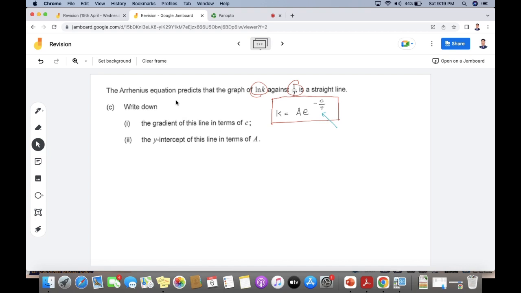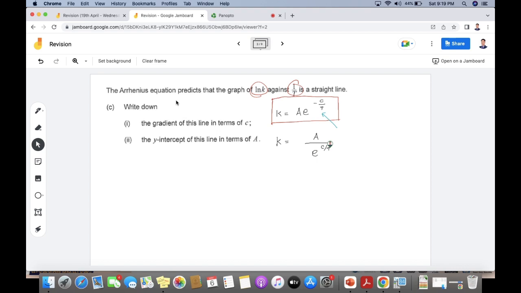I hope you still know your laws of logarithm. So let's rewrite this in a way we can apply them. So we have the quotient law. We can write this as k equal to A over e, and since we have a negative exponent, we can just find its reciprocal. The exponent now becomes positive C over T. All right.